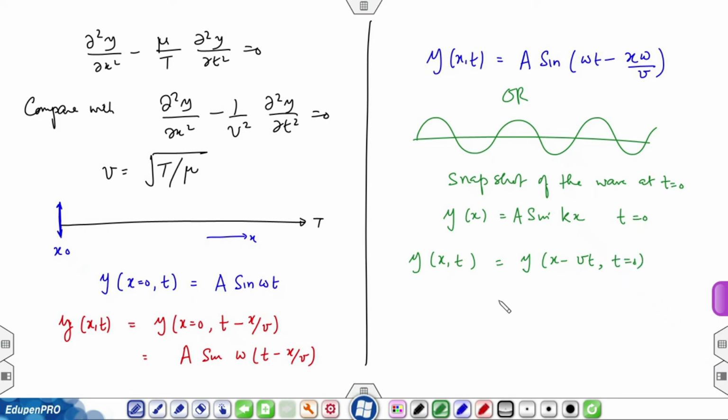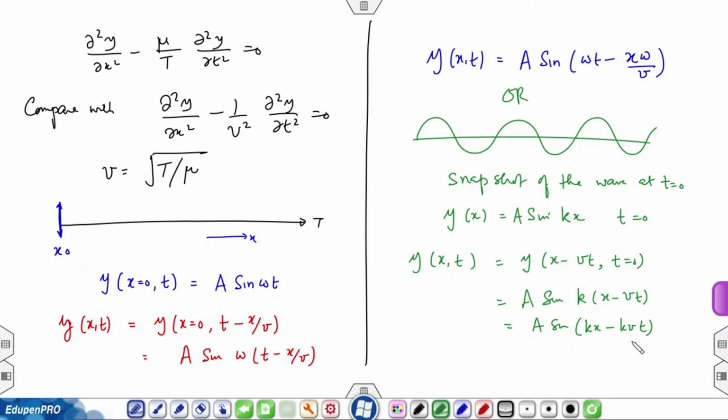So, this will become A sine of k(x minus vt), which is nothing but A sine (kx minus kvt). Both describe the same wave, and there are two different ways of looking at it.